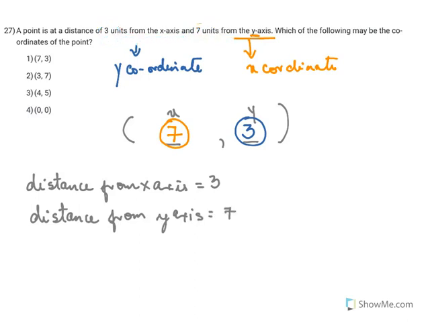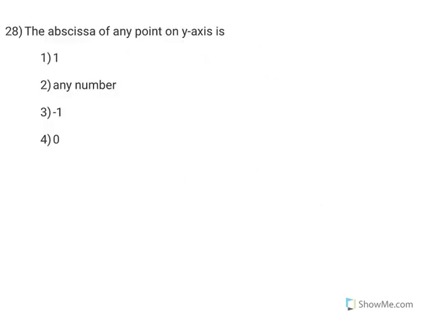And we know distance from the x-axis is the y coordinate, so y equal to 3. And distance from the y-axis is the x coordinate. Therefore, the point is 7, 3.